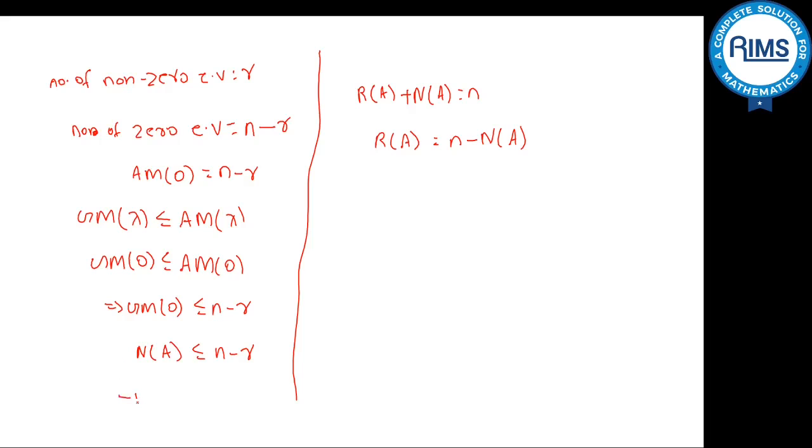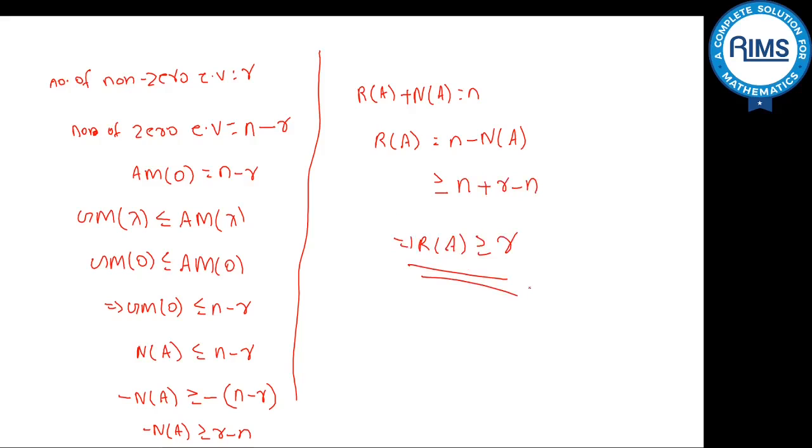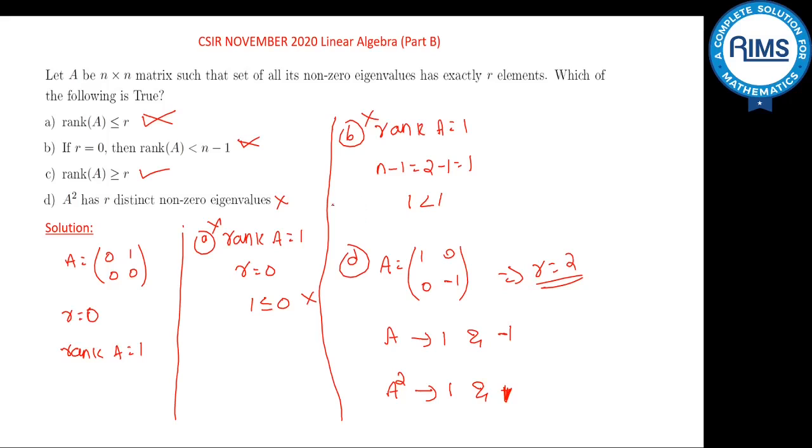That implies minus nullity of A is greater than or equal to minus of n minus r, that is, r minus n. So rank of A equals n minus nullity of A, which is greater than or equal to n plus r minus n. That is, rank of A is greater than or equal to r. Therefore option C is true. Okay.